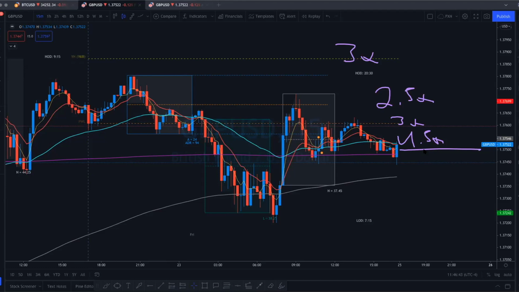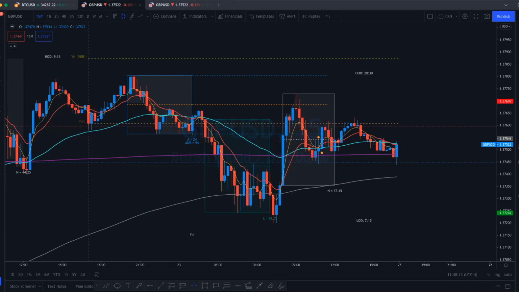Brian, no, that's the average daily range, not the Asian range. The Asian range is right above it, which is 24. So right now it's about 94 for this pair specifically. Every pair is different.